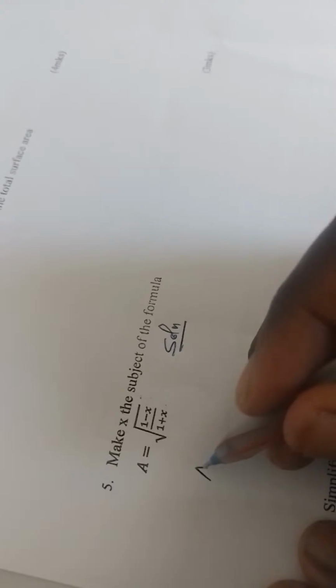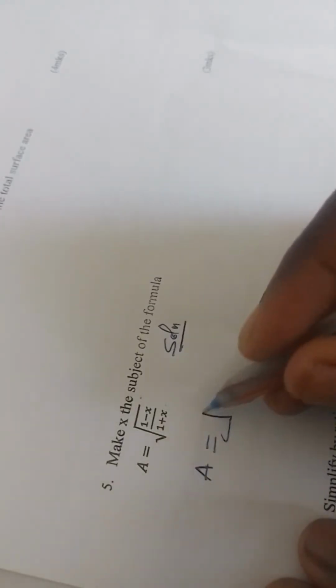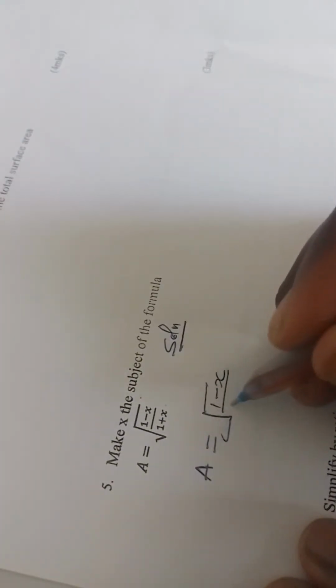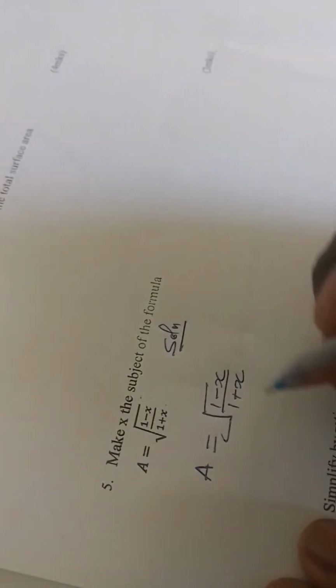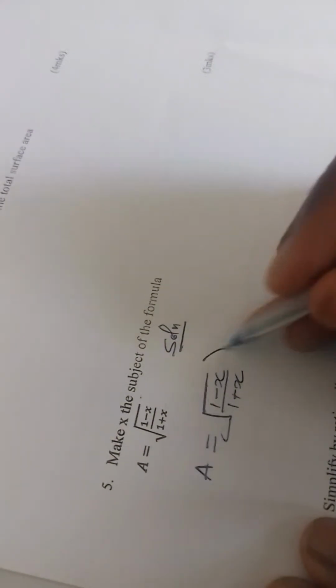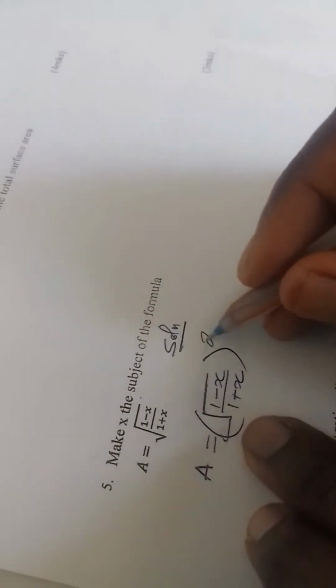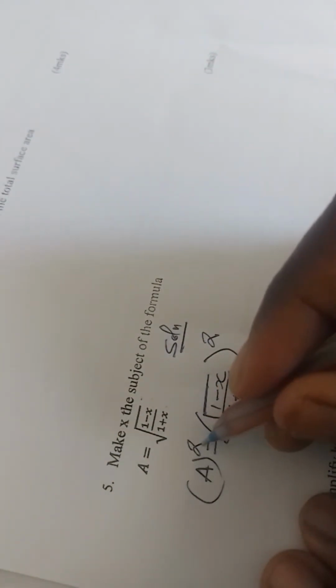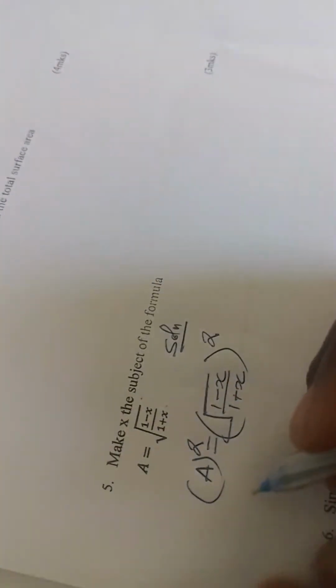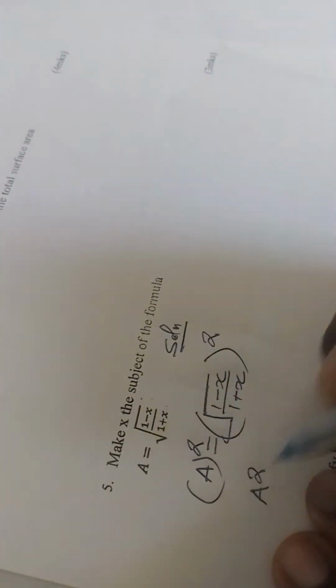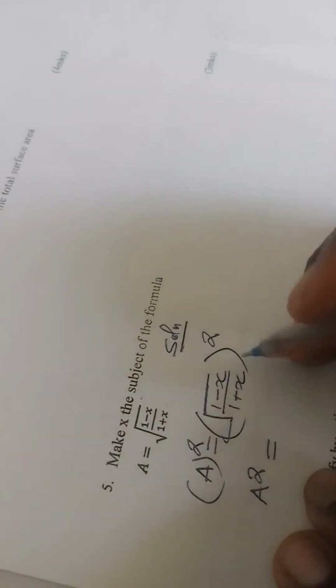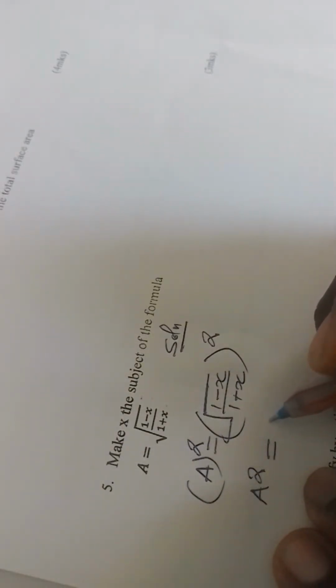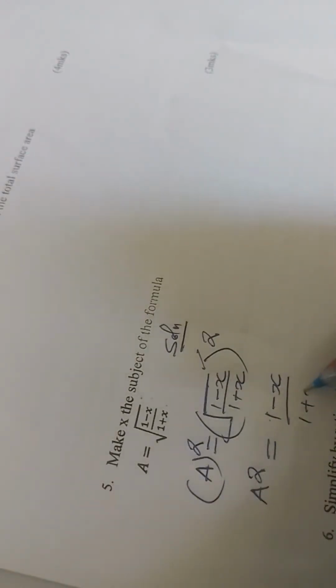We're supposed to square. So a is equal to the square root of 1 minus x over 1 plus x. We can remove the root sign by squaring both sides. If we square this one, a squared is equal to 1 minus x over 1 plus x, since the root sign is removed.